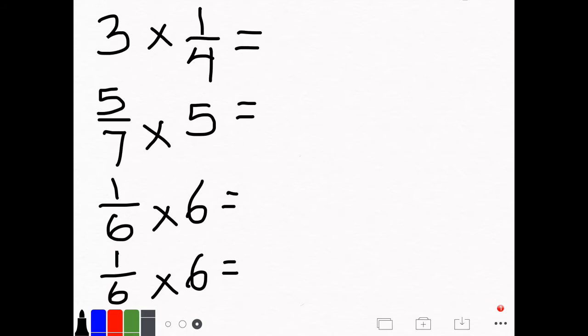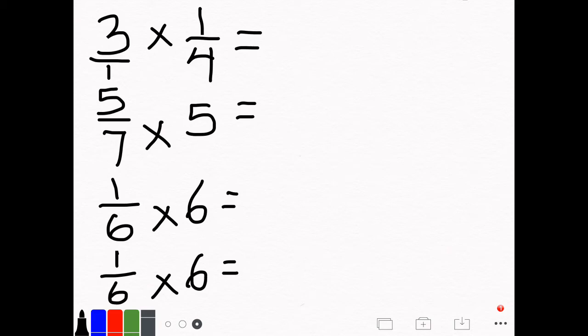Next, you're going to see a whole number times a fraction. In this case, we know that when we have a whole number, there's actually a 1 that goes underneath that, even though we very rarely write it. But we can certainly do that, and we're going to want to in this case because it makes multiplying fractions more convenient and easier for us. So now we're going to multiply across on our numerators.